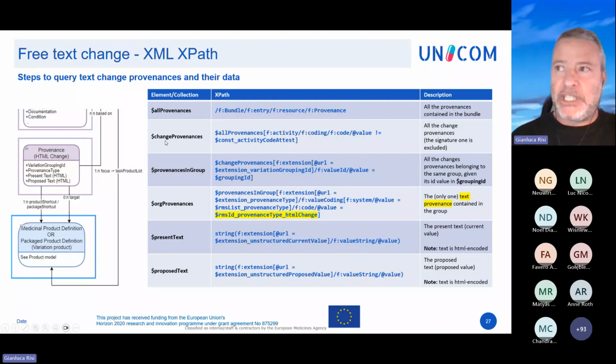So the variable change provenances contains, from among all provenances, the result of a filter. Here you see we are using a square bracket syntax to make a filter. We are excluding all the provenances that have the element activity having a child coding with a child code with a child value that must be different to the code corresponding to the value of a test.